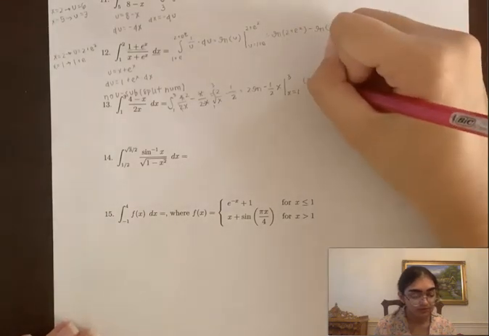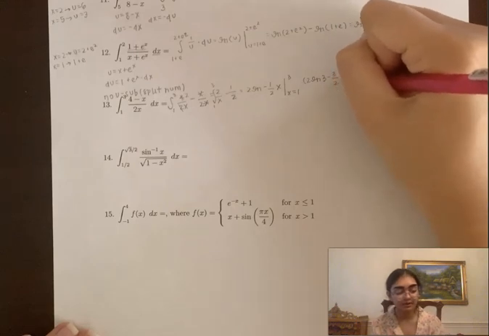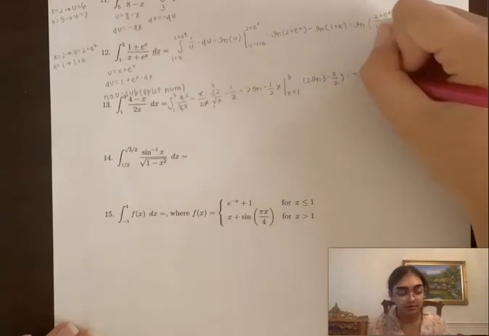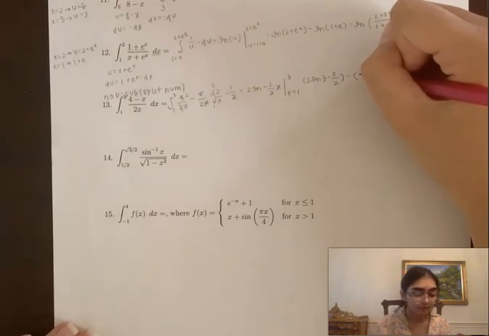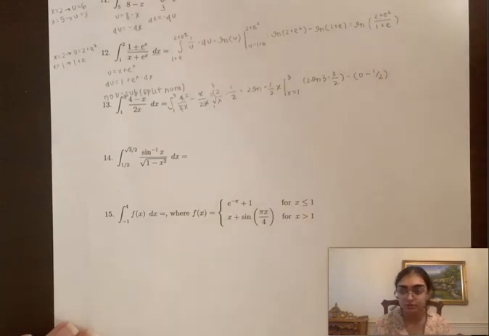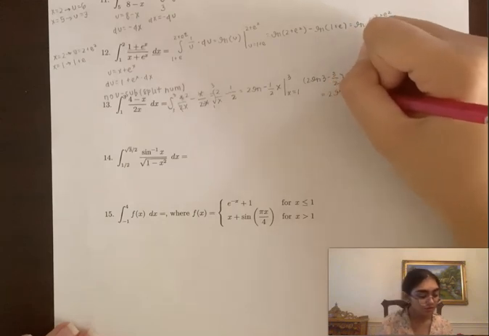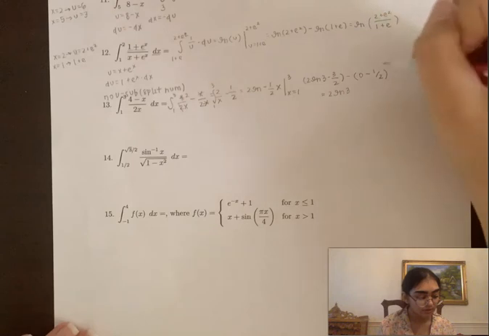And that's going to give us 2 ln of 3 minus 3/2 minus 0 minus 1/2. That 0 is there because the ln of 1 is equal to 0. So that's why we have a 0 there. And then our final answer will be 2 ln 3 minus 1/2.